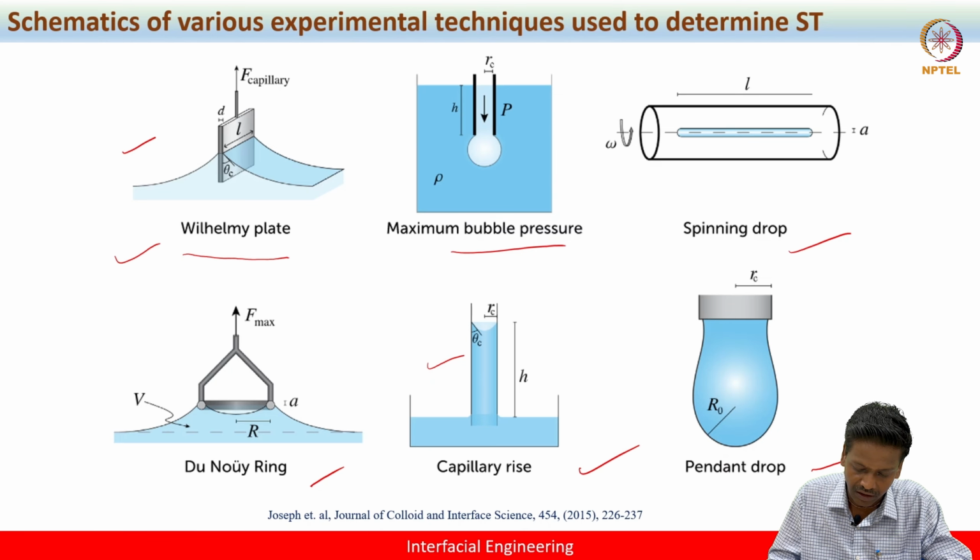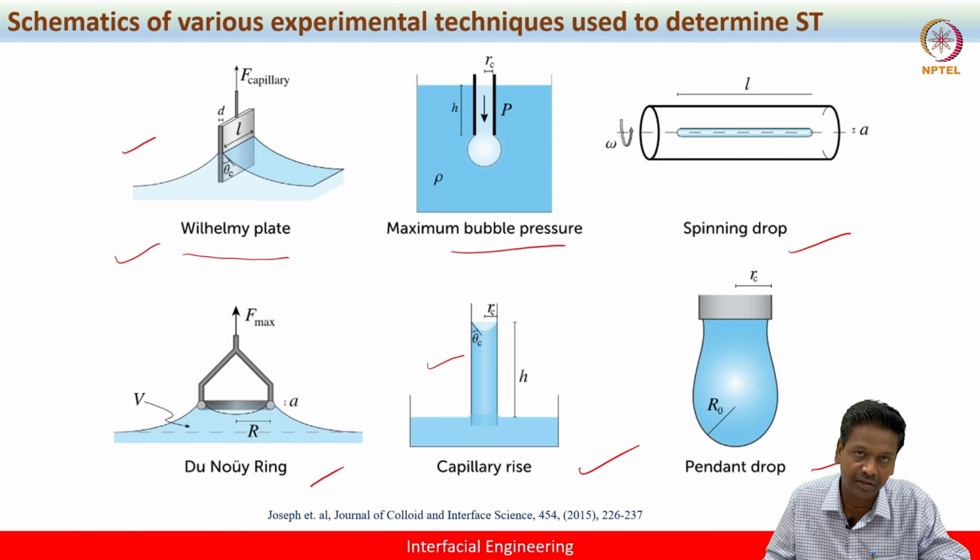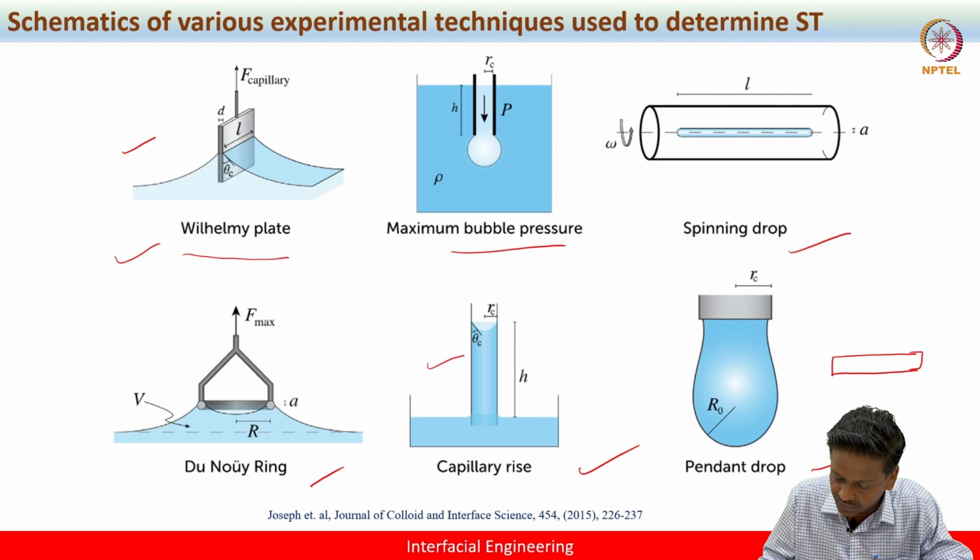But at least we should know there are different techniques available to measure surface tension, if we know the contact angle, or the contact angle if we know surface tension. So contact angle is the angle established by a liquid on the solid surface. We're talking about a simple solid, on top of which you have a liquid drop.